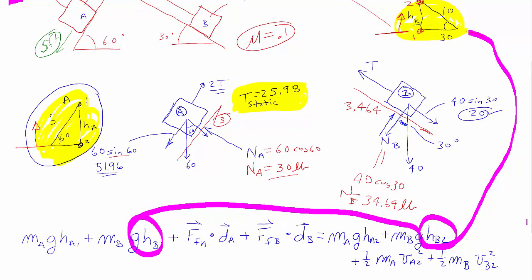That being the case, I'm saying that this value right here becomes 0, and this value right here becomes 10 times sine of 30.